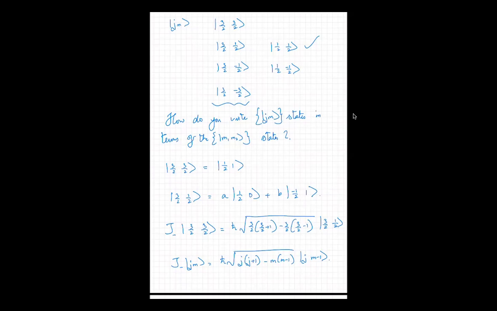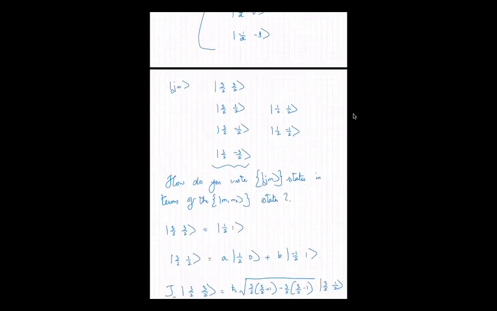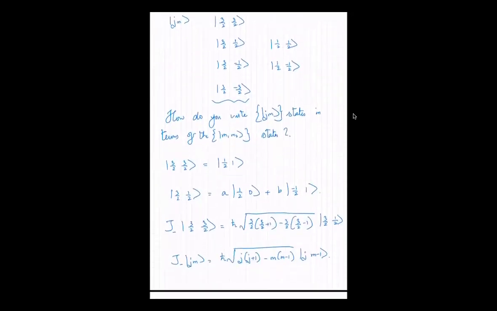So now how do I figure out, for example, what the linear combination is corresponding to the 1/2 state? I will demand two things. I know a priori that this state should also be written as a linear combination of the 1/2, 0 and the minus 1/2, 1. I will simply demand that this state be normalized and that this state be orthogonal to the 3/2, 1/2 state.